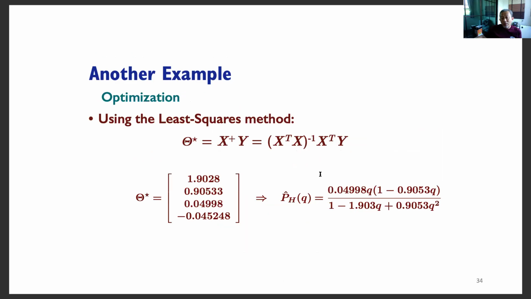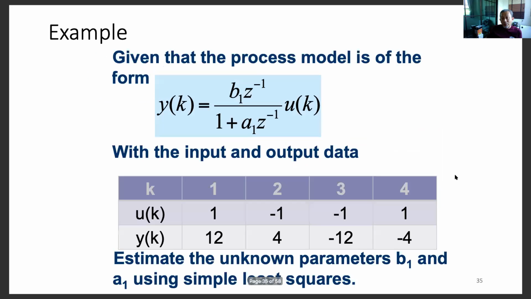And it comes to the model here, where A1, B1, A2, and B2 are inserted as the coefficients of the transfer function.